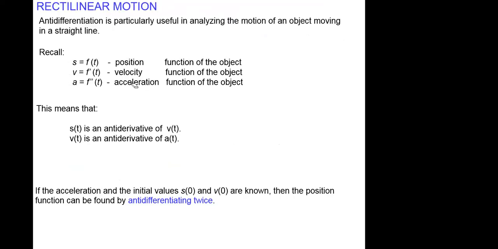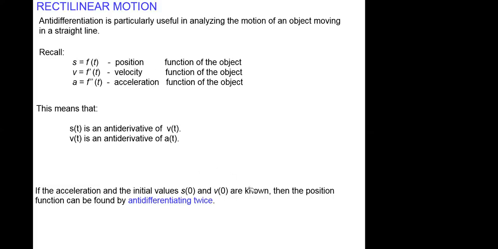Having the acceleration, in order to recover the velocity, we will anti-differentiate. That means the velocity is the antiderivative for A, acceleration. Or having a velocity, if we would like to recover a function, we will also anti-differentiate. That means position function S is an antiderivative for V.